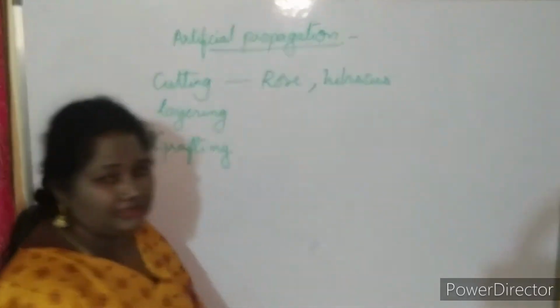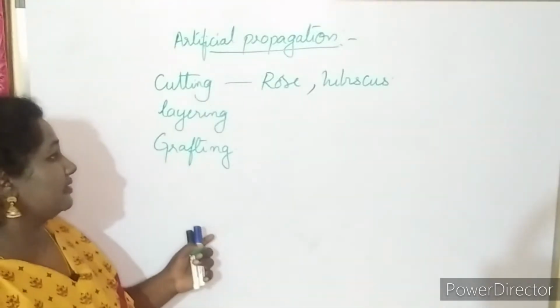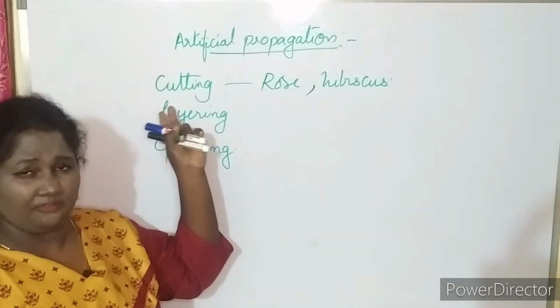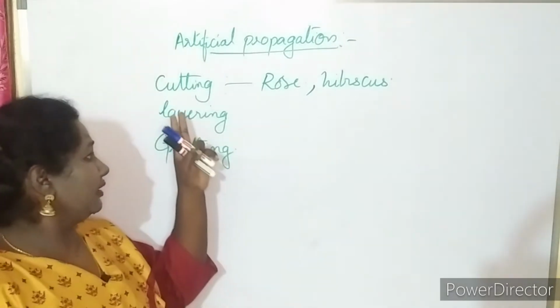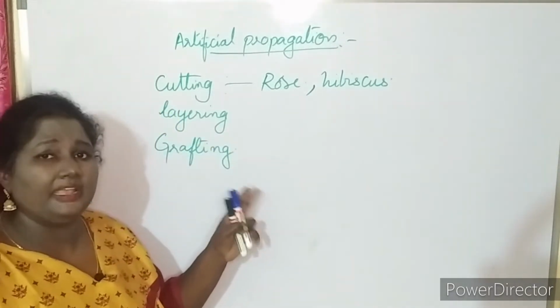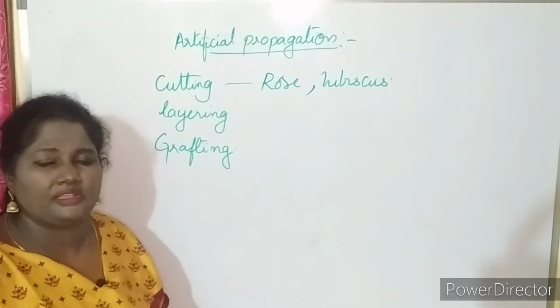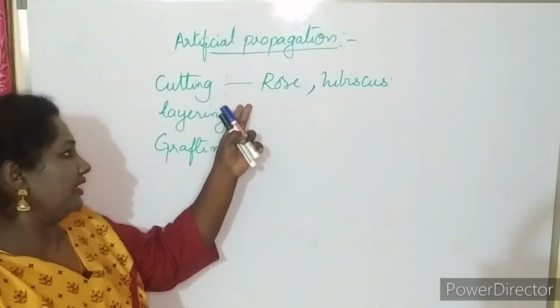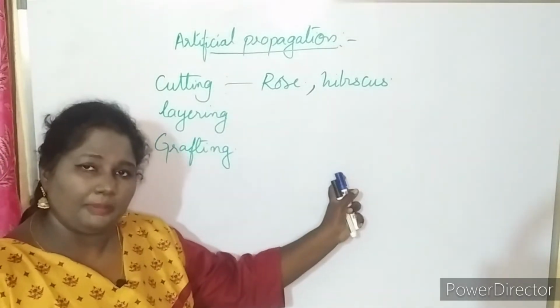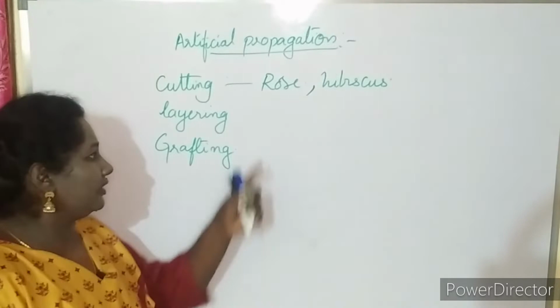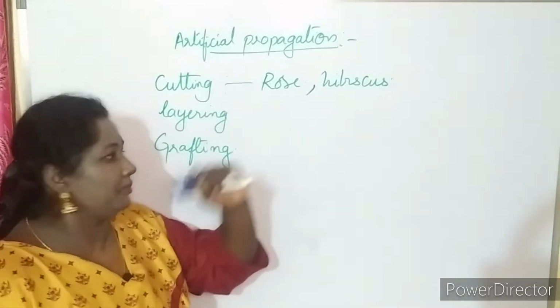For rose and hibiscus, the farmer cuts mature stems and sows them in the soil. From the mature stems, new leaflets and rootlets come, and finally the cut mature stem grows into a new plant. So the examples are rose and hibiscus.